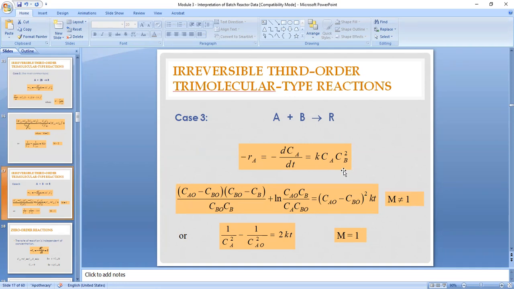But based on the rate law, your reaction is first order with respect to A, second order with respect to B, and third order overall. So it does not agree with our stoichiometric equation. This is a non-elementary third order type of irreversible reaction.